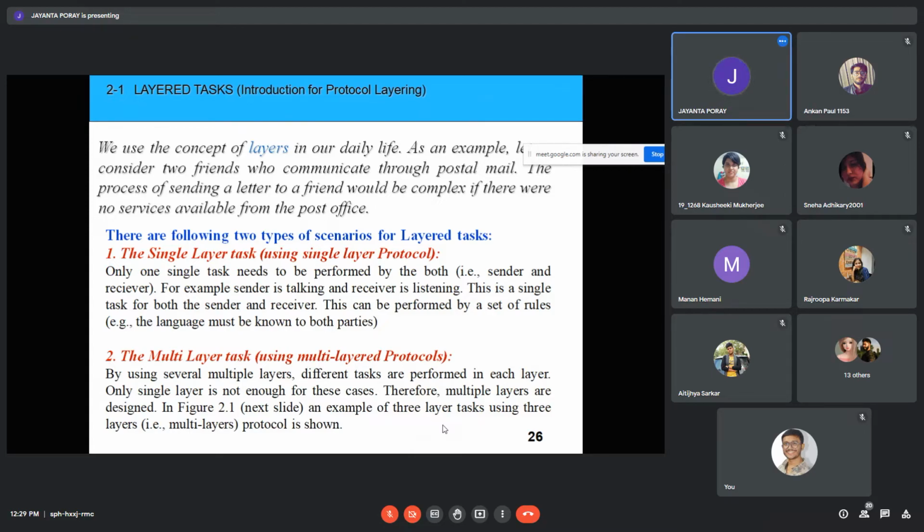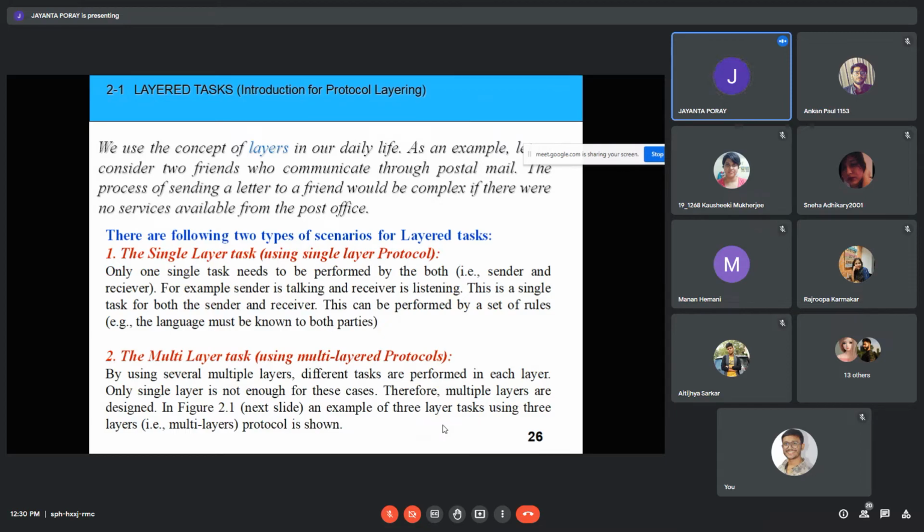Therefore, I am considering protocol layering. When I consider single layer protocols, there is only a single layer. I don't need multiple layers when I identify a task that I don't need to split into different layers.